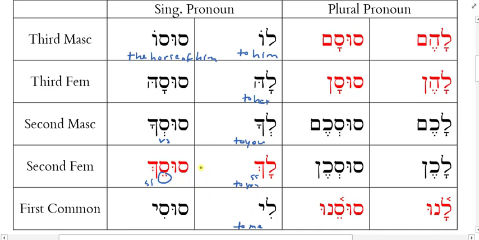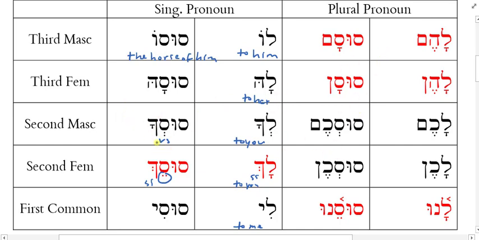Dr. Marshall, that vowel change, why is that there? It's just something you've got to learn. Yeah, that's for nouns, that's the vowel that's used. The good news here is that I'm not going to be asking you to create these forms. I just want you to be able to identify them, okay? So you need to be able to attach the pronouns to the noun sus.